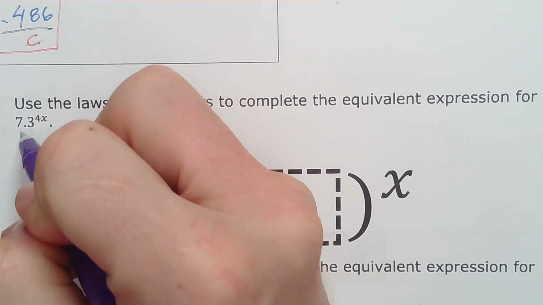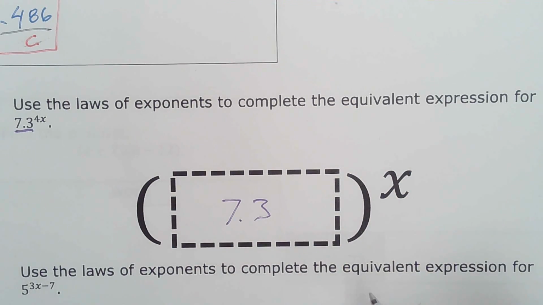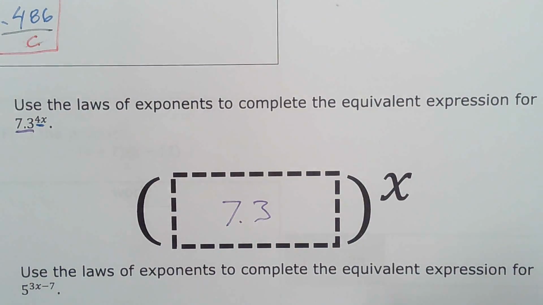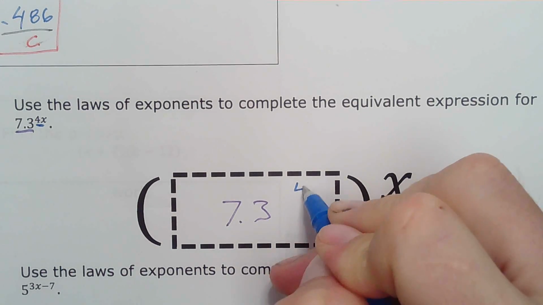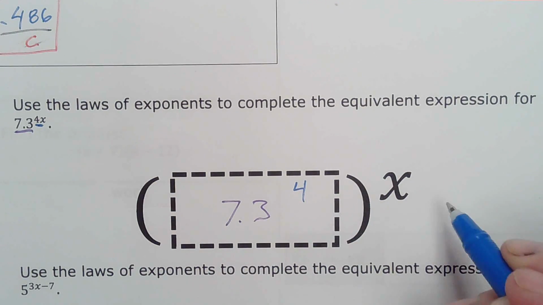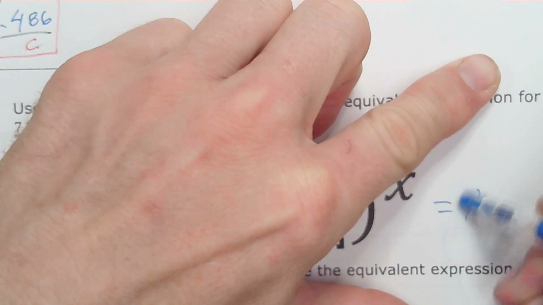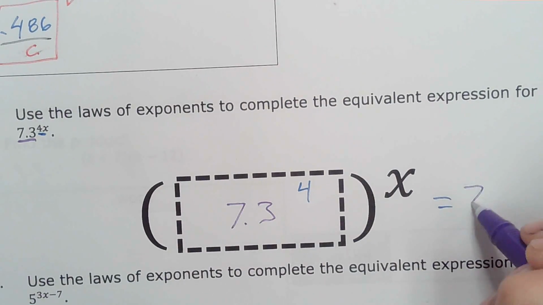So 7.3 is our base, and then we have parentheses, right? And if we use the two things that multiply each other together, we get 7.3 raised to the 4 times x.